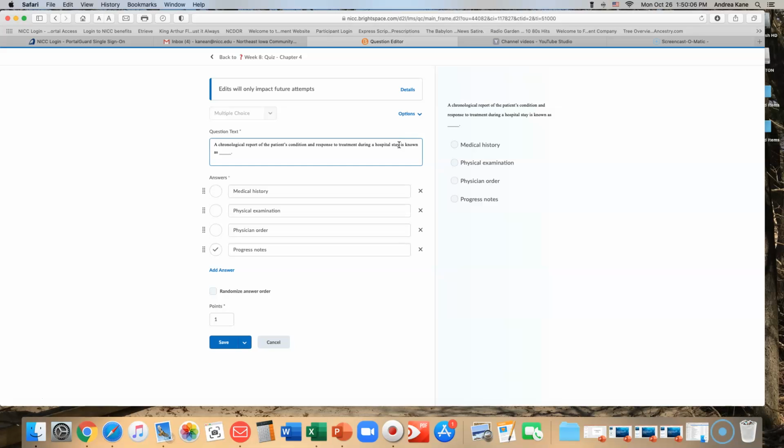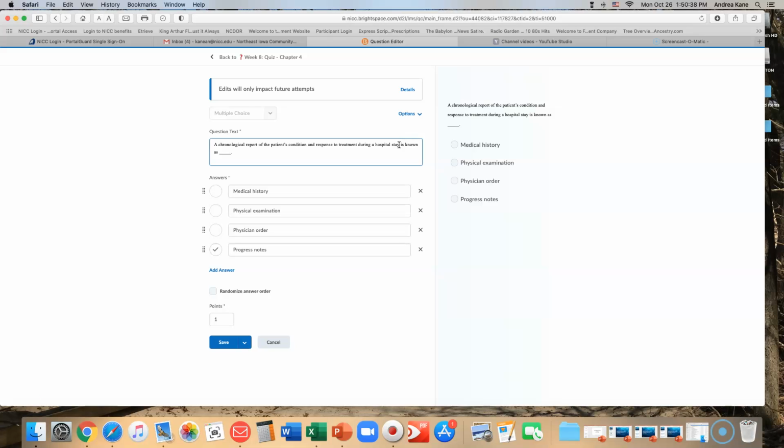So you know it can't be the first three, it has to be the fourth one. And it goes further, physician orders are the instructions of the physician that the physician gives to other healthcare professionals who perform diagnostic tests and treatments, administer medications, and provide specific services to a particular patient. So going back to this, even if you don't know that the answer is progress notes, you're going to get there if you realistically stop and think about logically how could this be.